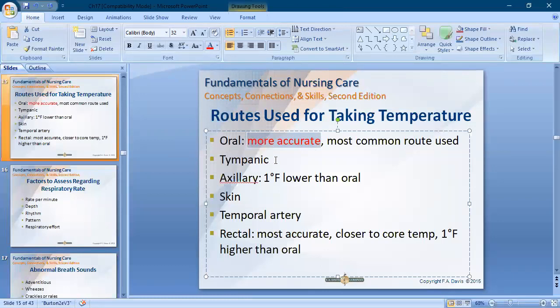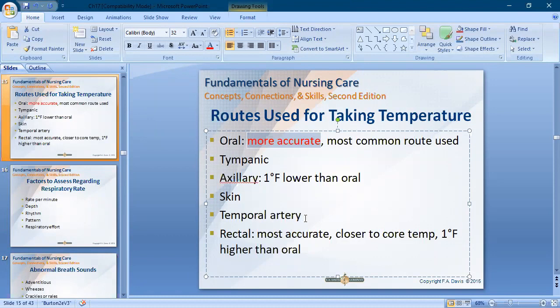Then tympanic. Sometimes we use the tympanic membrane in the ear to measure the temperature. Axilla is sometimes used, but axilla is 1 degree Fahrenheit lower than oral. Sometimes we use the skin, our body skin, to check the temperature, or the temporal artery.